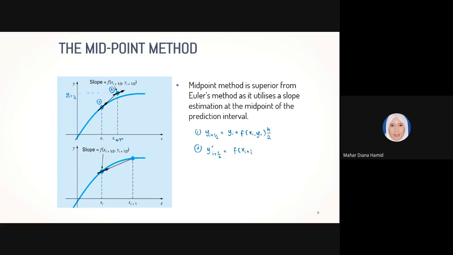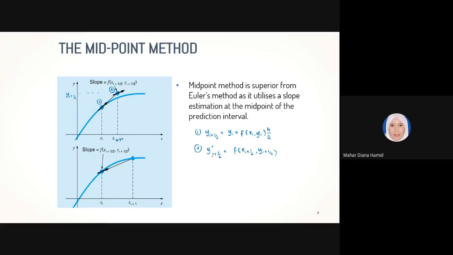So this is a bit tricky. In my experience, most of your seniors have problems with this particular method because the prediction is in the middle of the interval.